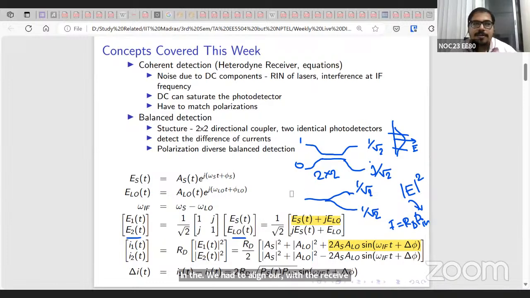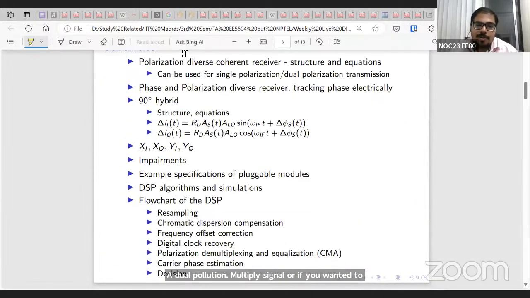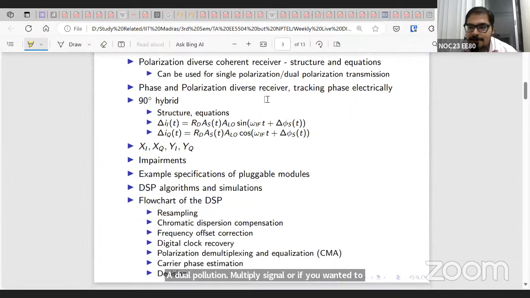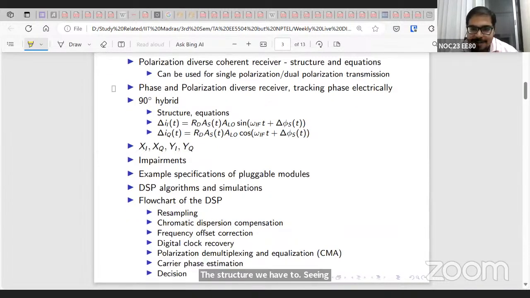If you want to detect a dual polarization multiplexed signal, or if you wanted to detect without doing any alignment of polarization, you can use this polarization diverse coherent receiver. The structure you have to see in the video. I have not added it here.